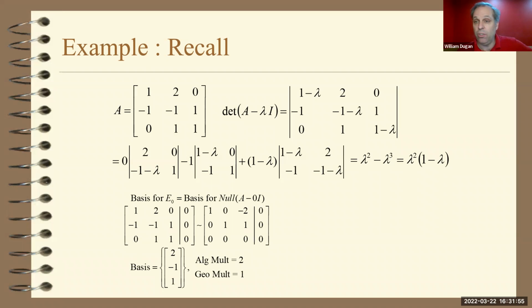To find a basis for the eigenspace corresponding to the eigenvalue of 0, I need to find a basis for the null space of the matrix A minus 0 times I. Here's me doing that work. Notice the basis has only one eigenvector. There's only one vector. So the geometric multiplicity of this particular eigenvalue is only 1.